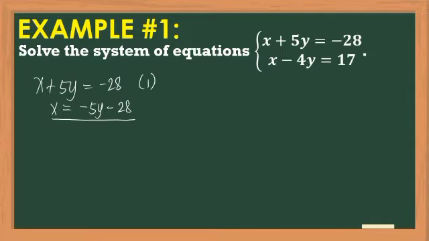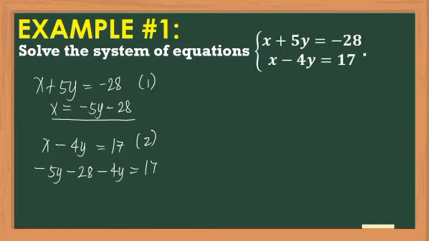Itong nakuha nating equation, x equals negative 5y minus 28, isa-substitute natin ngayon sa second equation. Yung second equation natin is x minus 4y equals 17. Sulat lang natin yung second equation, x minus 4y equals 17. And then, yung nakuha nating x equals negative 5y minus 28, isa-substitute natin in place of x. Magiging ganito siya: negative 5y minus 28 minus 4y equals 17.